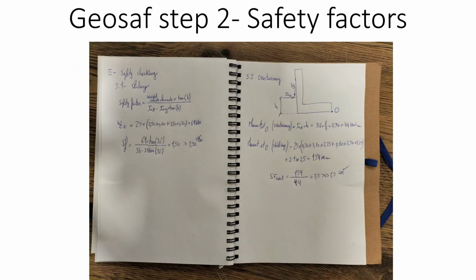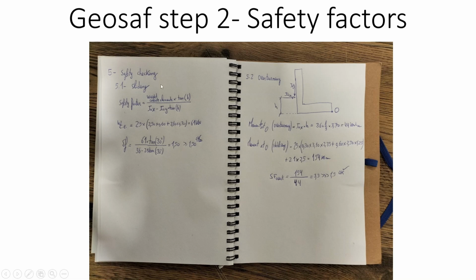After this, we can check the safety factors. So first, we have got to check the sliding safety factor. The formula is around here, and you just have got to put the values that we had in here. We divide it, and we get 1.50, which is what we wanted.